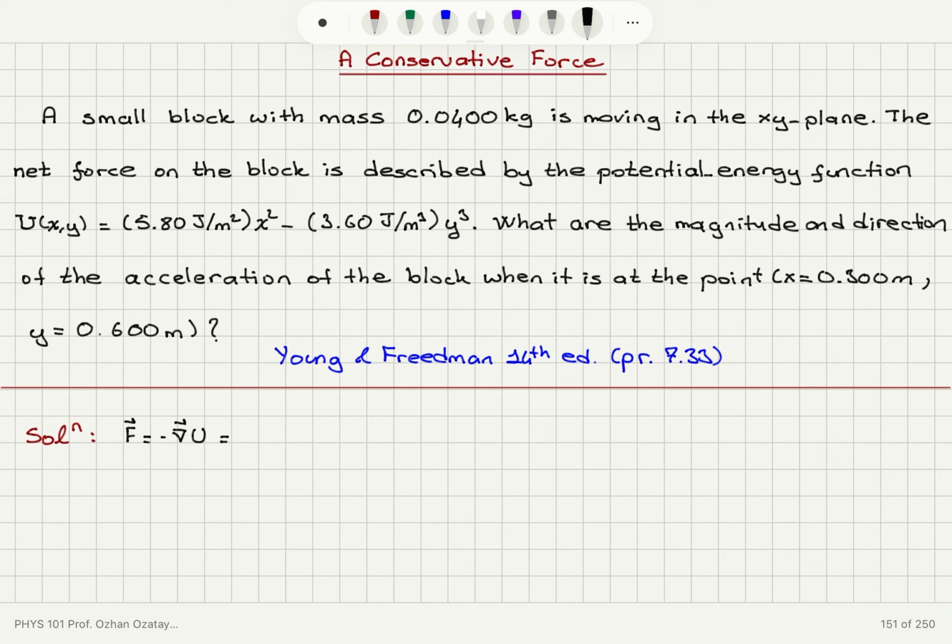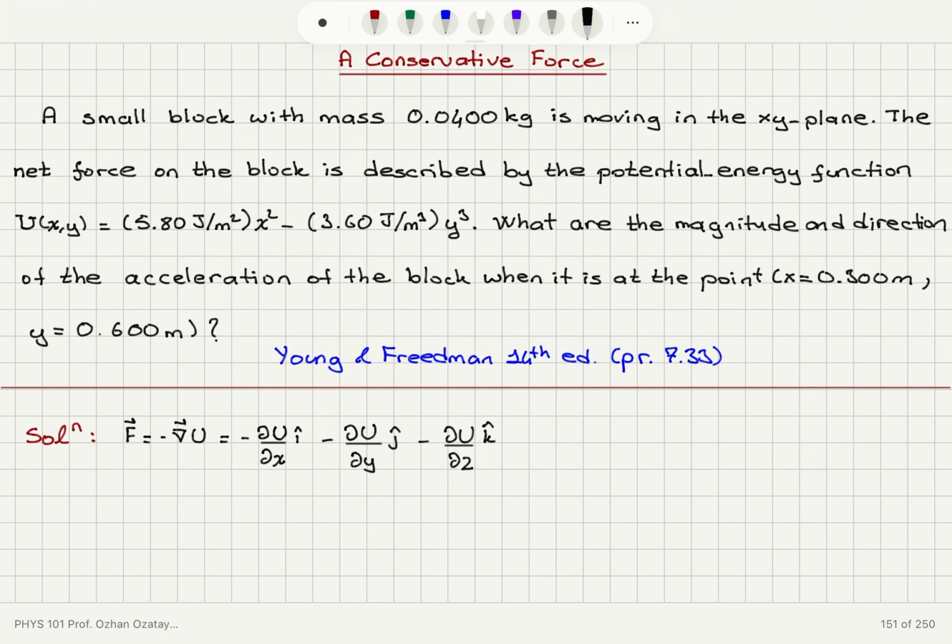The gradient operator applied on the potential energy function gives us minus the partial derivative with respect to x times i hat, minus the partial derivative with respect to y times j hat, and the partial derivative with respect to z times k hat.